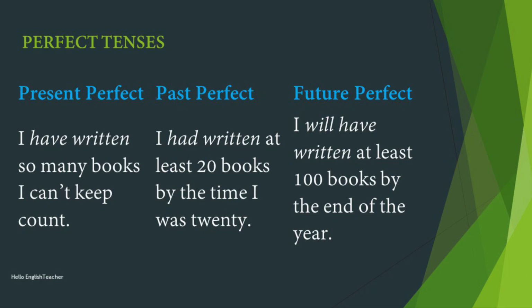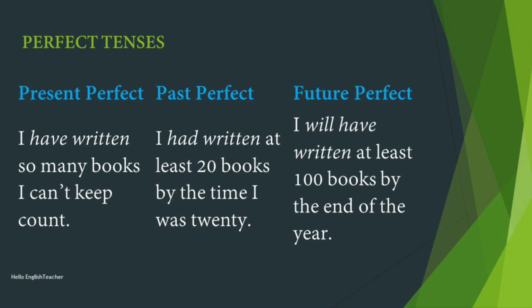The next one is the past perfect tense. The past perfect tense is often used to talk about an event that has been completed before another event. So, when you talk about two actions, the first action completed usually has the past perfect form. For example, I had never seen such a beautiful beach before I went to Kauai.